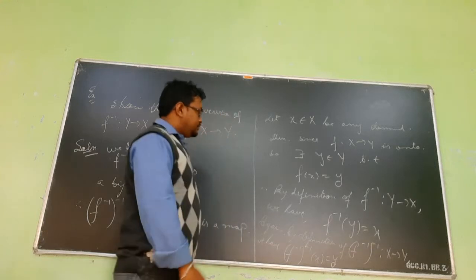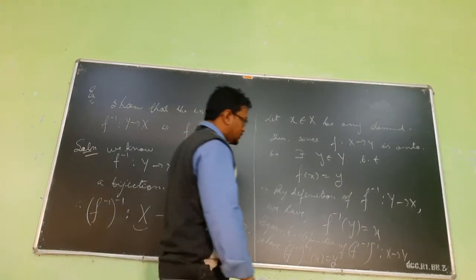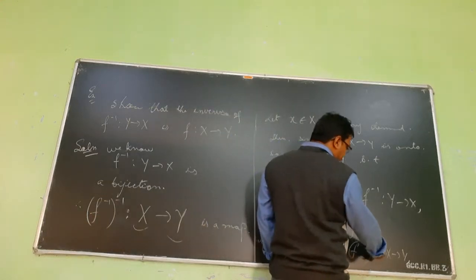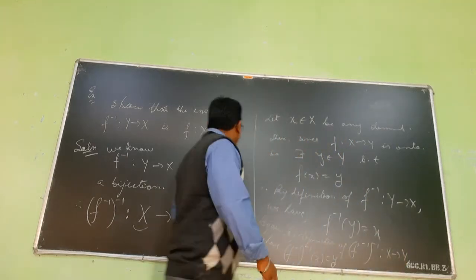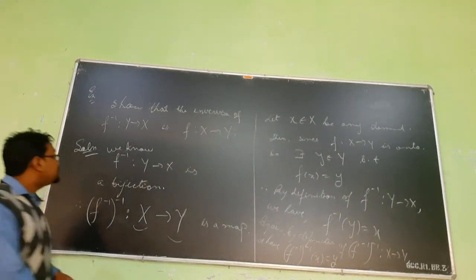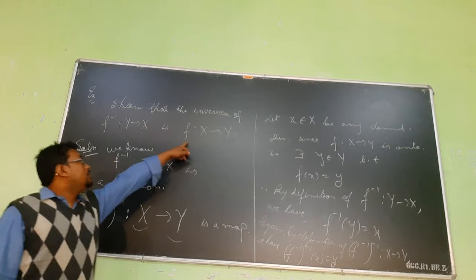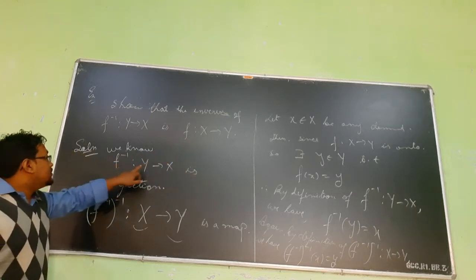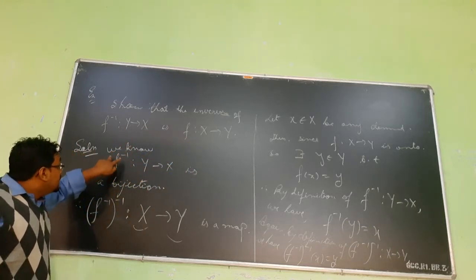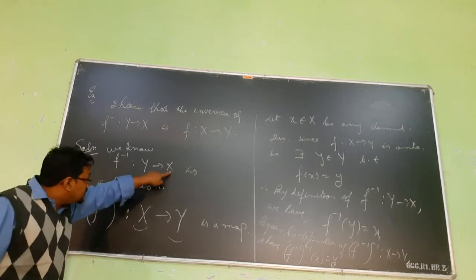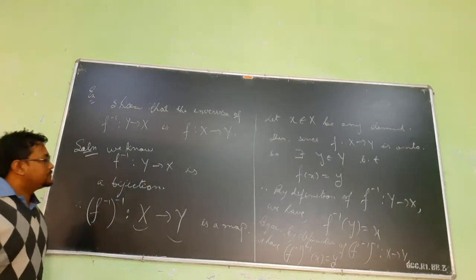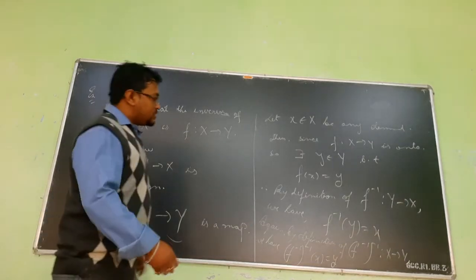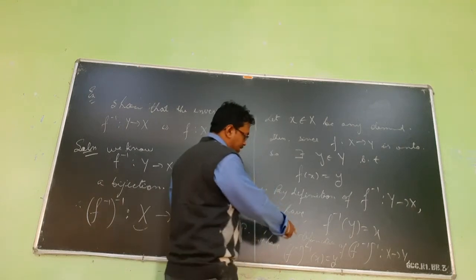Wait, is it Y to X? No, f inverse whole inverse is a function from X to Y. f is a function from X to Y, so f inverse is a function from Y to X, and the inverse of this is again a function from X to Y. Whatever, so f inverse whole inverse of x is y.